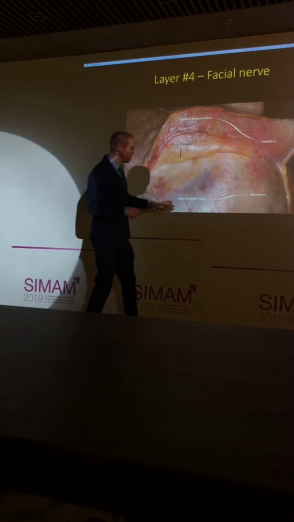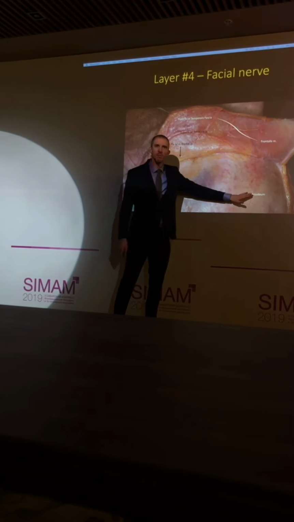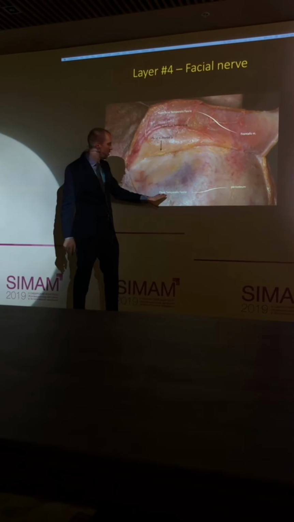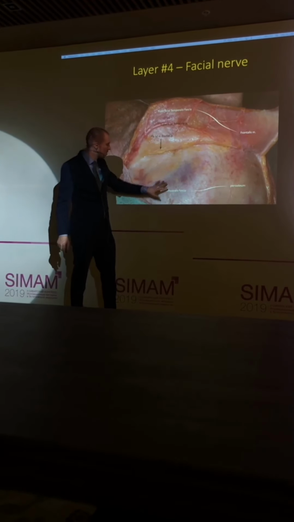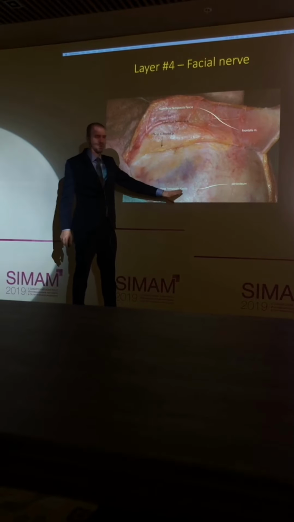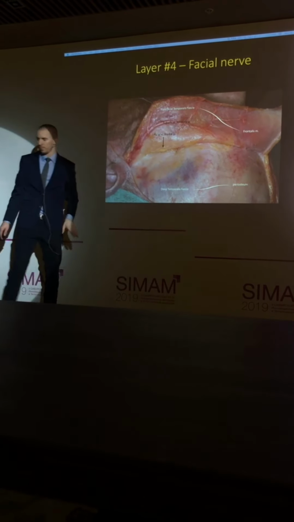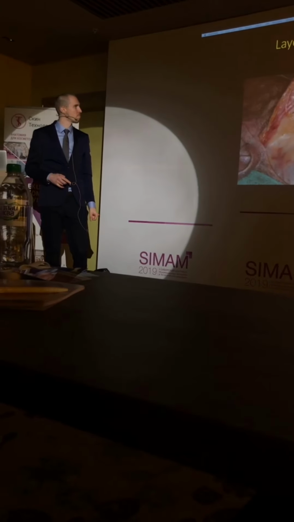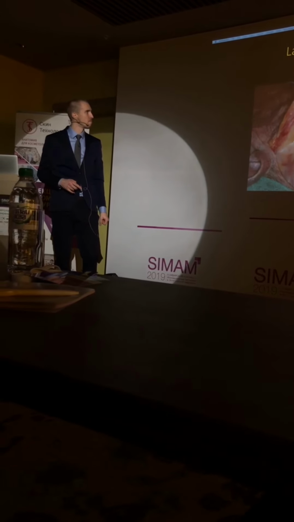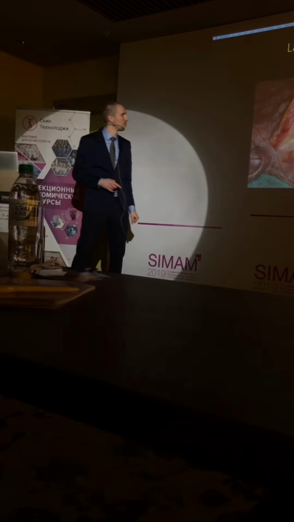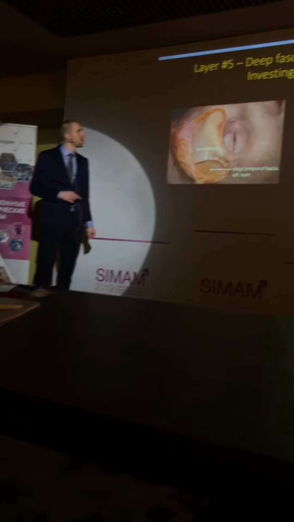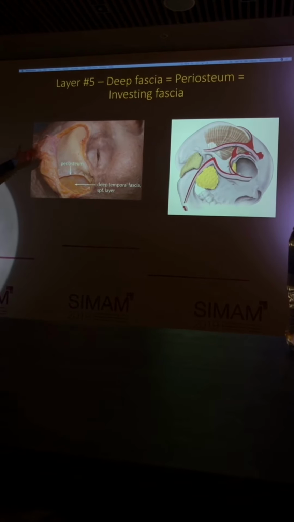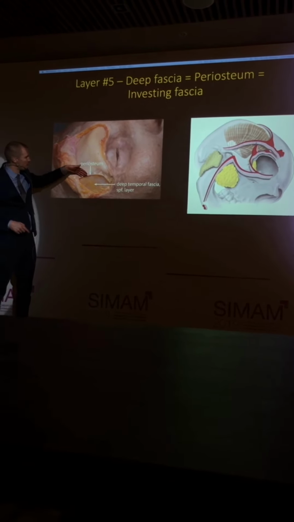Probably at this point it's enough for us that the deep fascia can be represented by periosteum, or deep fascia, in this case, in the temporal, the deep temporalis fascia. So this shows you again that the periosteum will become deep temporalis fascia.